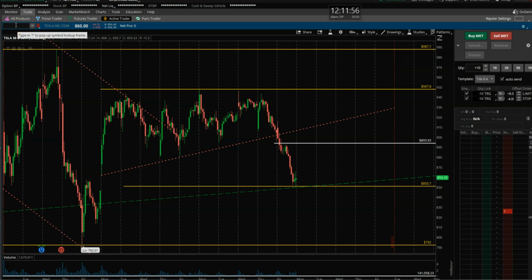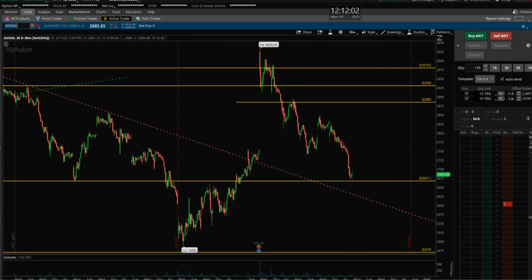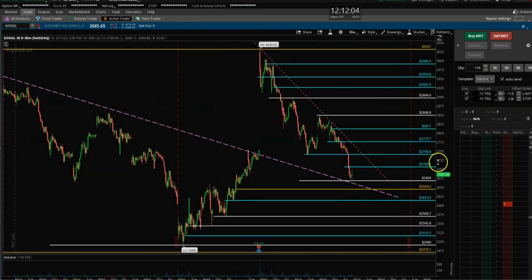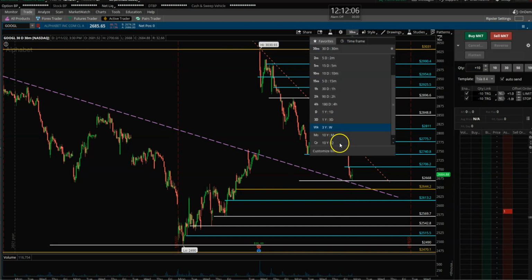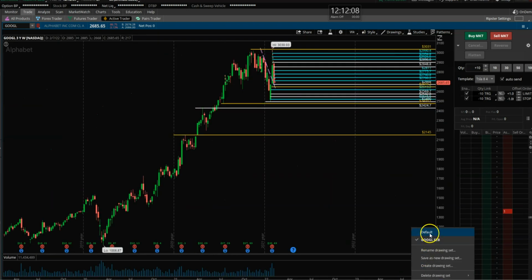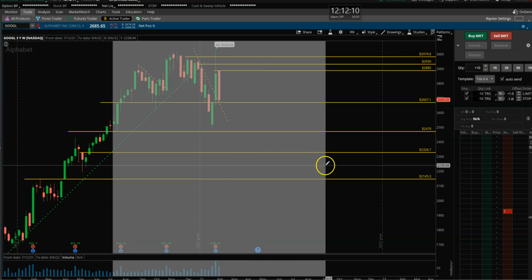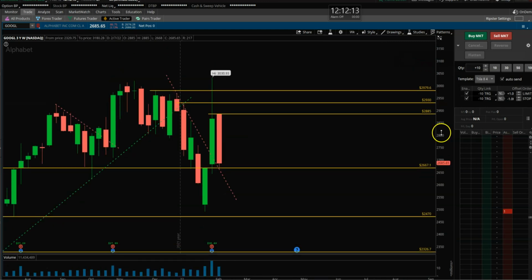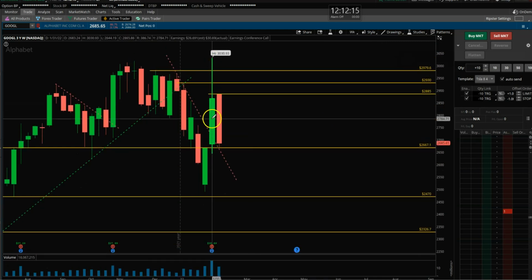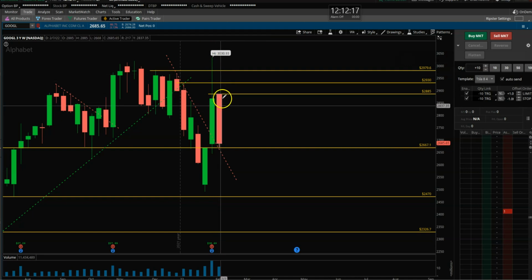Okay, now let's take a look at a few names. Let's start with Google. Here is Google. Again, weekly level, pretty weak in the sense that it got rejected really badly after the earnings, made a nice bounce but no follow through, and now we're back towards this 2667 level where it broke out from at the time of earnings.